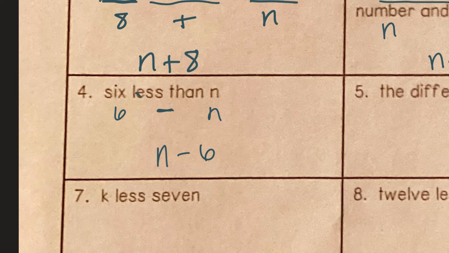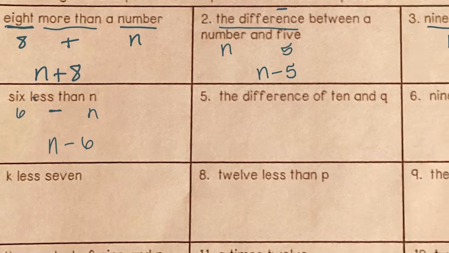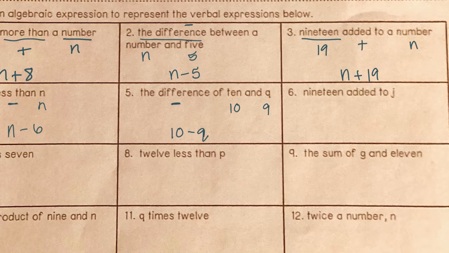So that would be the order in which our expression is placed, n minus 6. For number 5, the difference of 10 and q. Again, the order matters. This is talking about subtraction, the difference of 10 and q. So 10 has to come first in our expression, minus q. And that would be what our expression looks like.